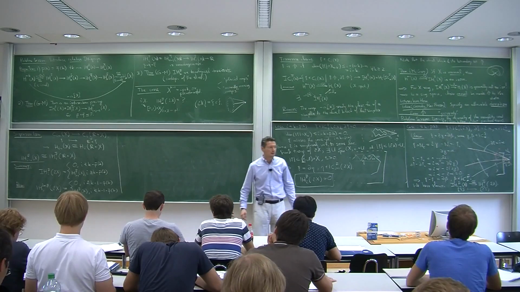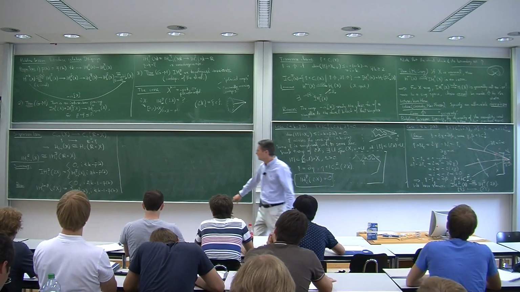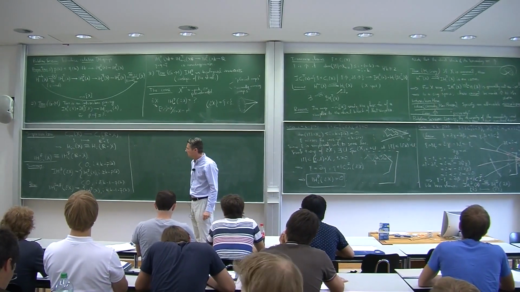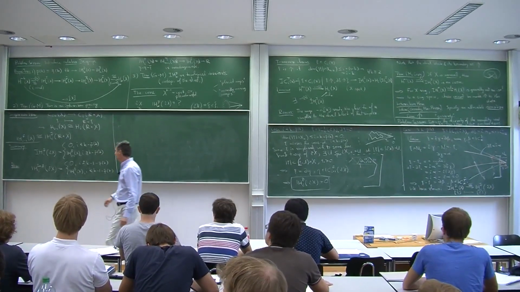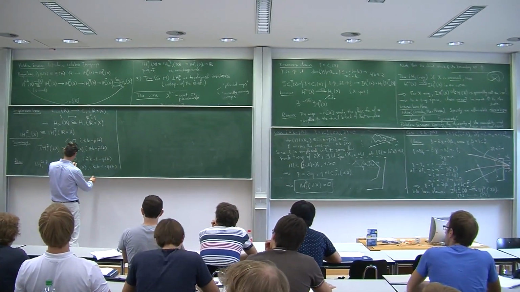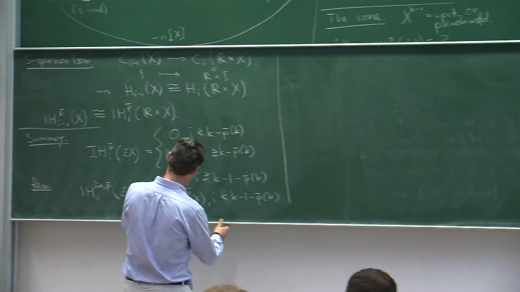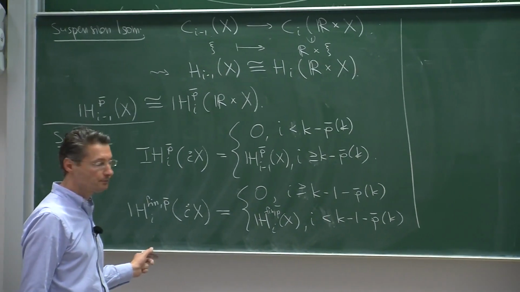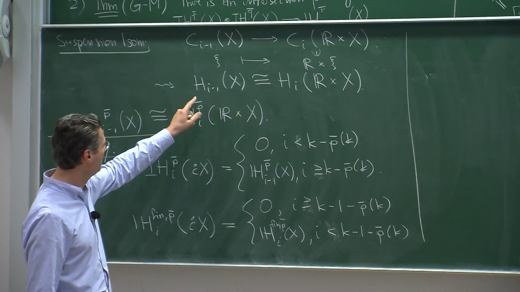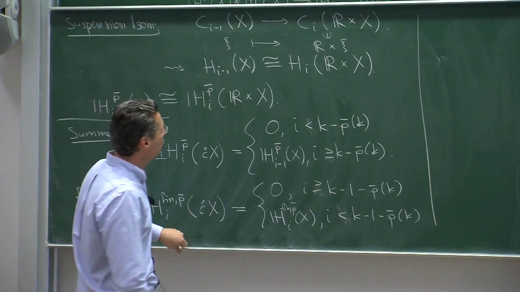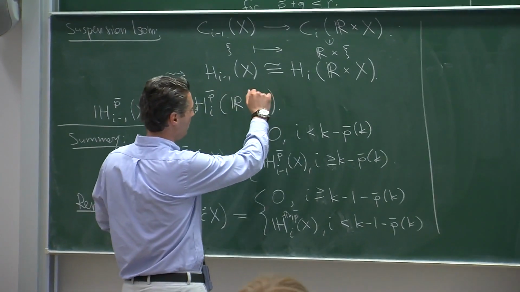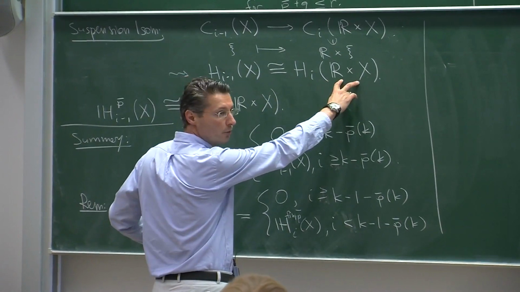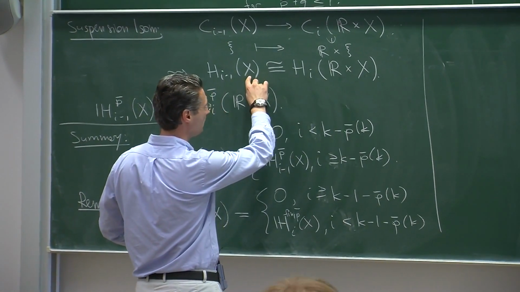Yeah? In the last line, should it also contain the intersection homology of i minus 1? No, because if you use, I mean, here, of course, it should be finite, right? But if you use finite chains, there is no degree shift. For example, you can already see this here. If you use finite chains, of course, this space is homotopy equivalent to X itself.